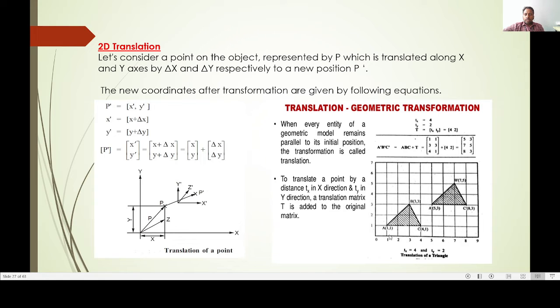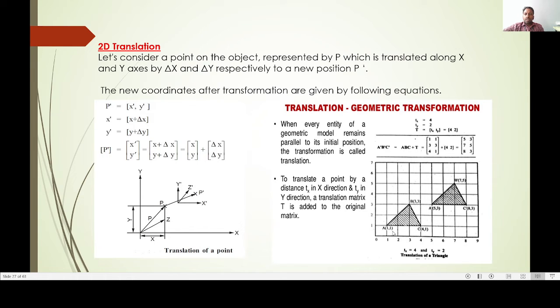So the triangle has 3 points A, B and C. The A point is (1, 1), B point is (3, 3) and C point is (4, 1). The translation along the x direction is 4 and along the y direction is 2. So here (1, 1): the first is the x point and the second is the y point.